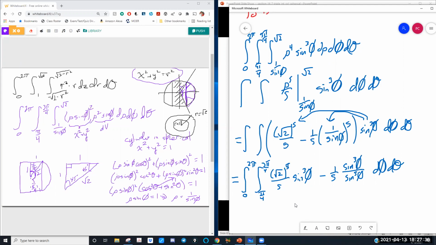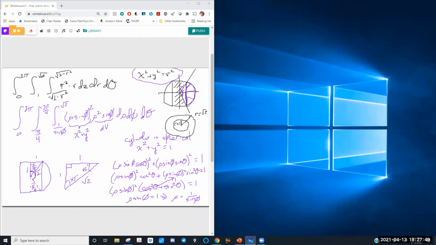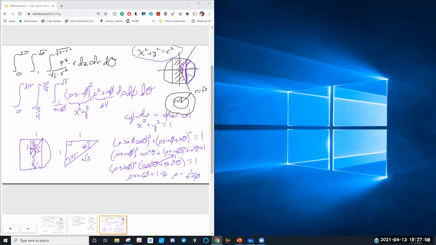So first off, guys, realize this problem that we just worked, where'd the worksheet go? I lost the worksheet. It's around here somewhere. This was number 6 on the worksheet. So I don't want you to think that this is going to be like the problems that you see in the homework.